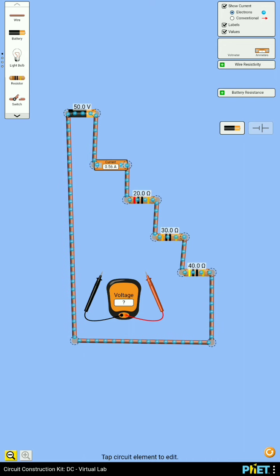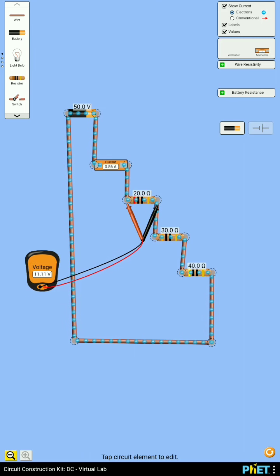So the voltage drop in first resistance is 11.11 volt.